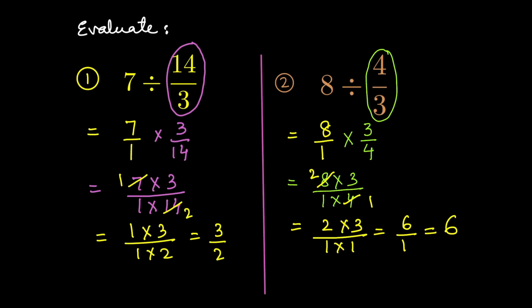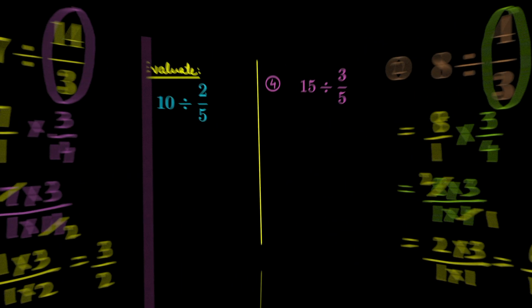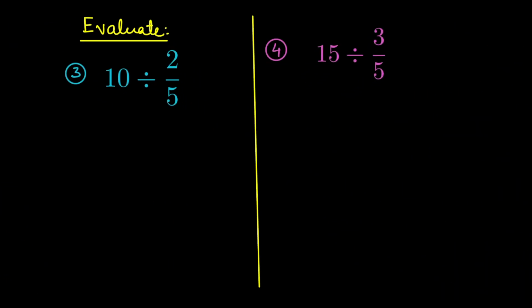So sometimes you can see we get the answer as a fraction, sometimes it may be a whole number. Now coming to the next example. Again there is 10. The first step is we write 10 over 1, and then this will be changed to multiplication and the fraction written after this, we will flip it.